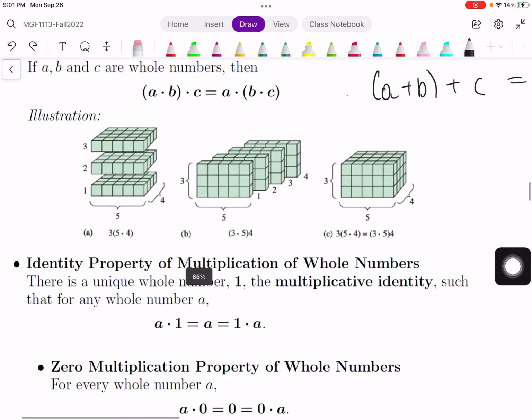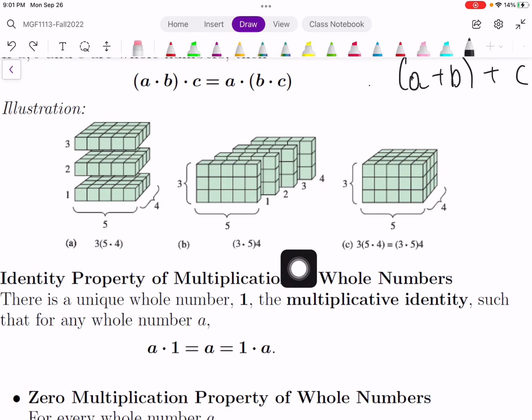So 3 times 5 by 4, I draw 5 by 4 rectangles, and I have 3 of those. So notice I have 3 rectangles, 5 by 4.